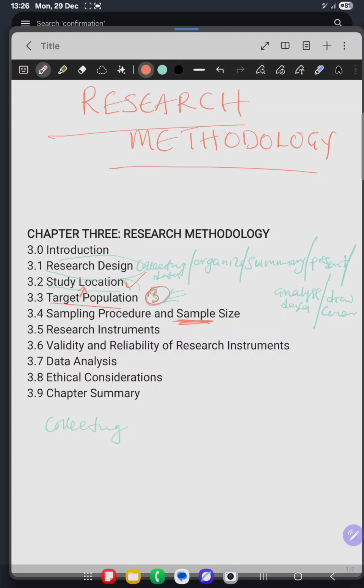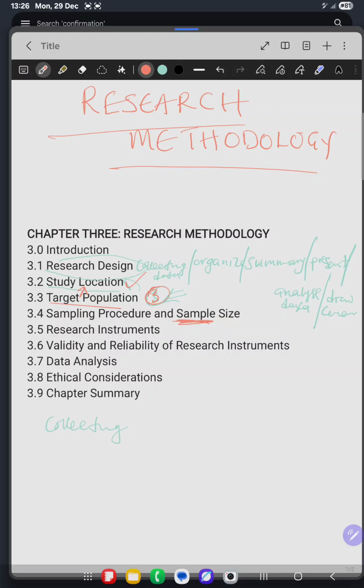Another example, let's say you are conducting your research in Lusaka district, looking at why learners fail science at grade 12 level. You are not going to pick all the schools in Lusaka district to determine why learners fail science at grade 12 level.